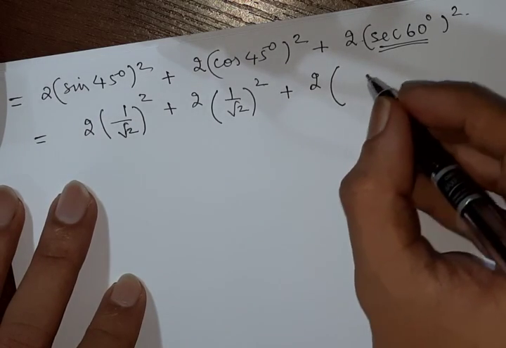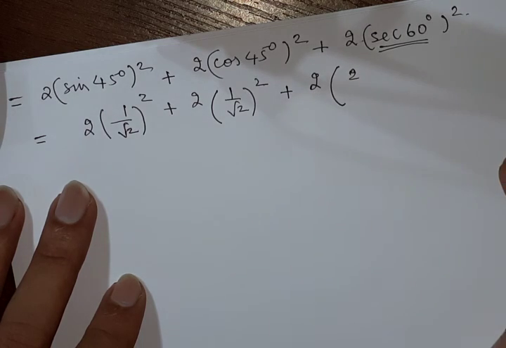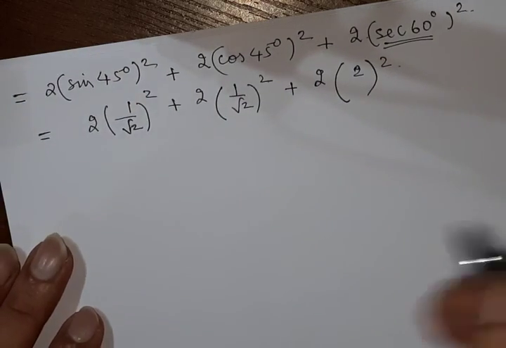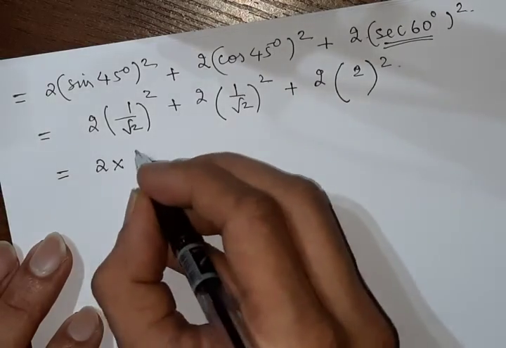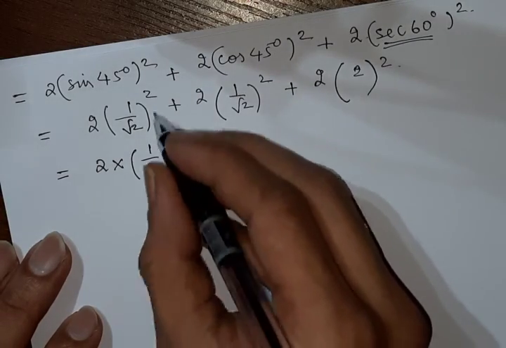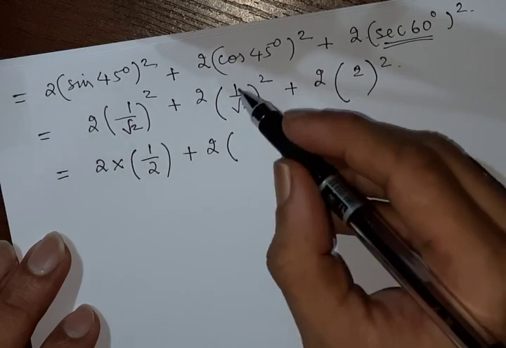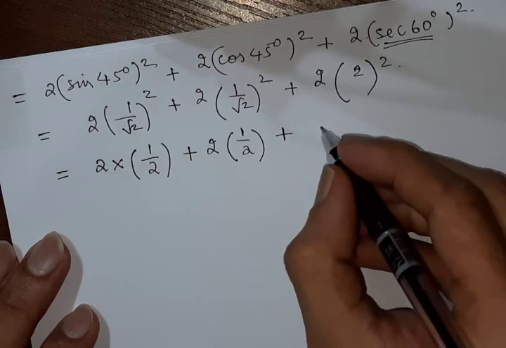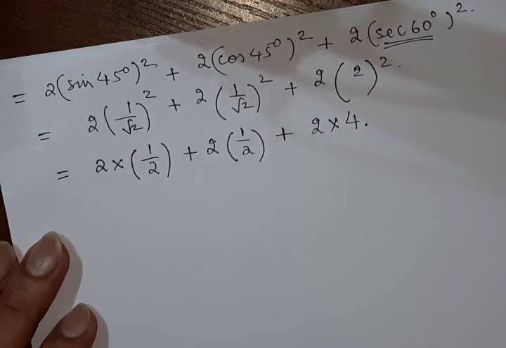Sec of 60 is nothing but 2, right, the whole square. Okay, so which is equal to what? 2 times 1 by root 2 the whole square, which is 1 by 2, right, plus 2 times again 1 by root 2 the whole square, which is 1 by 2, plus 2 times 2 square, which is 4.